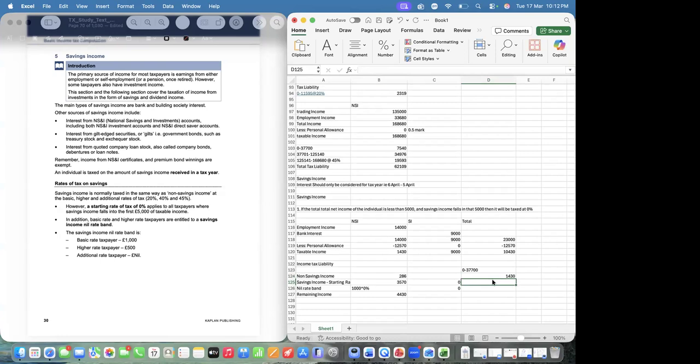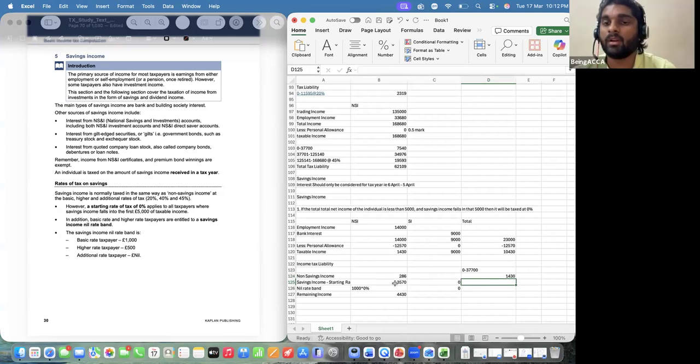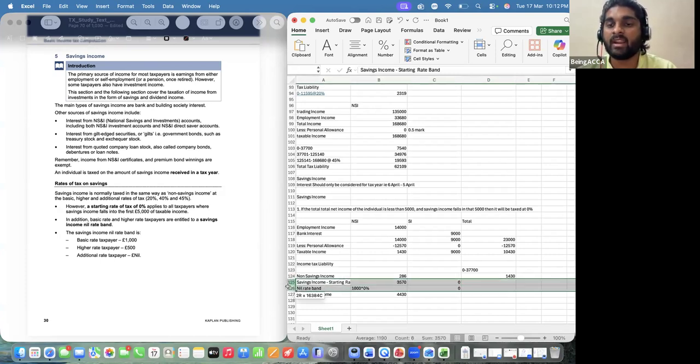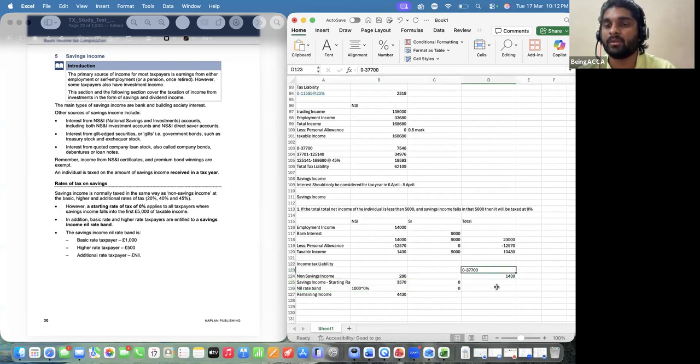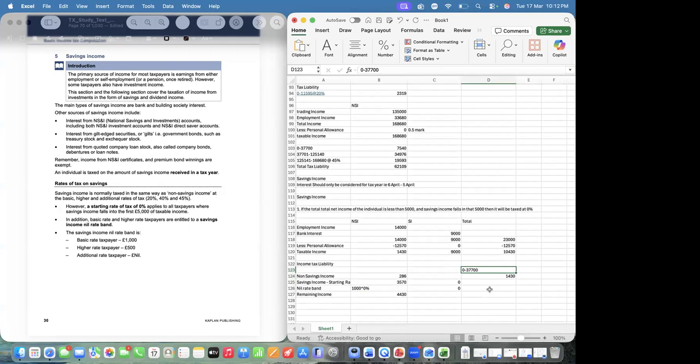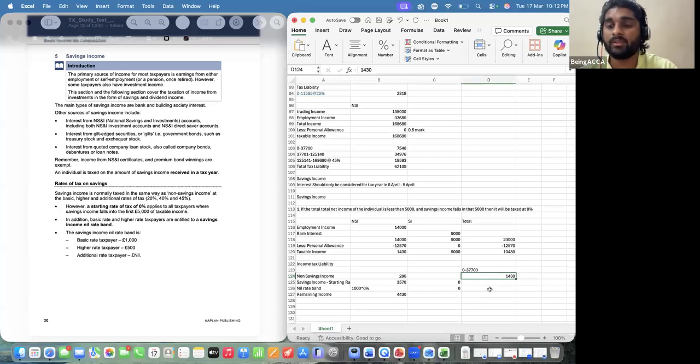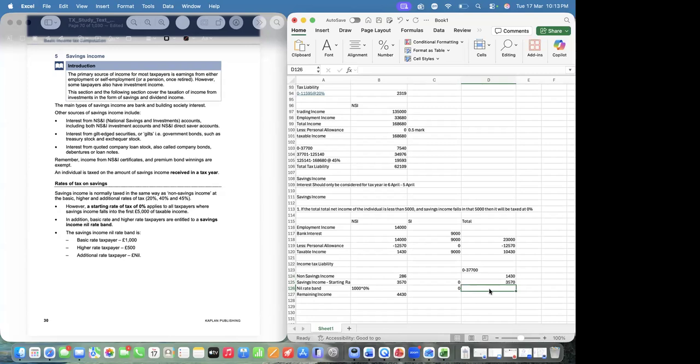Again, remember, this is always very important. This is a point that students tend to miss. The savings starting rate band and nil rate band will also be a part of this threshold of 0 to 37,700. Which means in this 0 to 37,700, 1,430 has been used up here, 3,570 has been used up here, and 1,000 has been used up here.